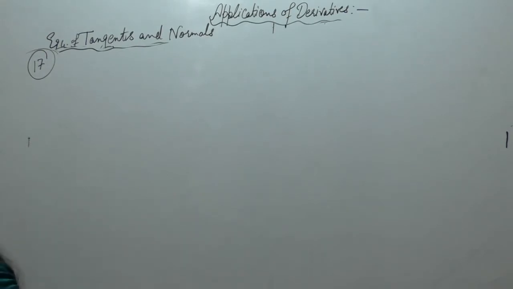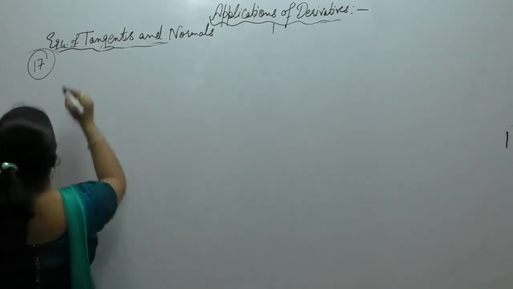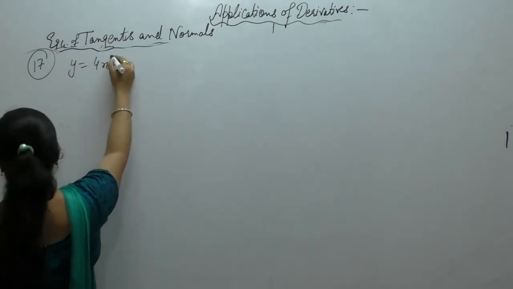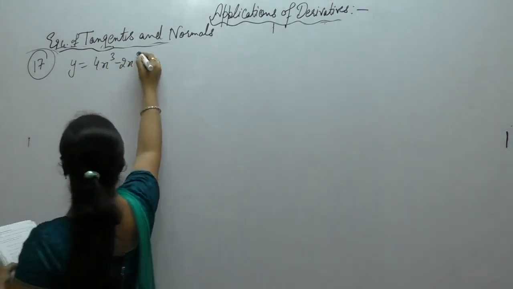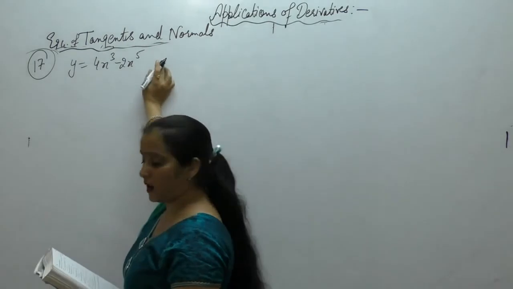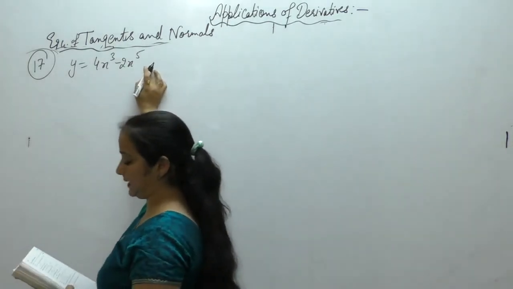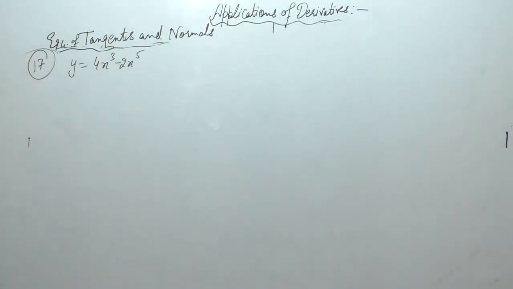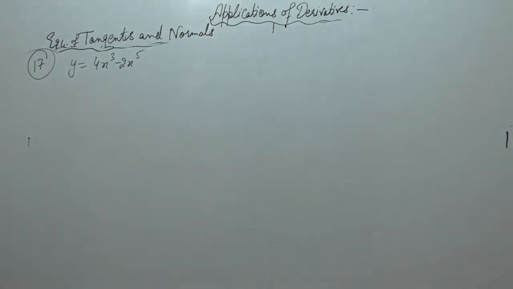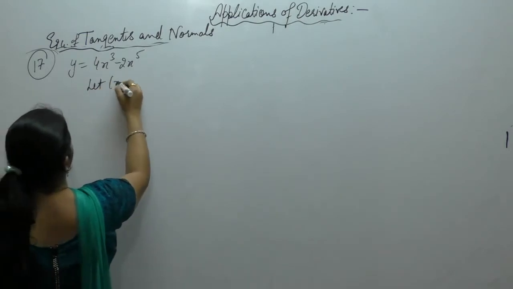Next one is, for the curve y is equals to 4x cube minus 2x power 5, find all the points at which tangent passes through origin. Let x1, y1 be the required point.